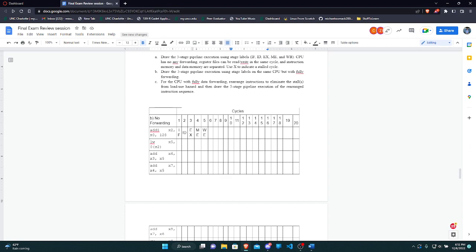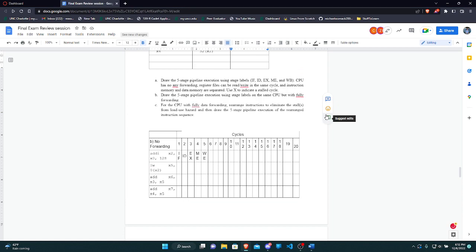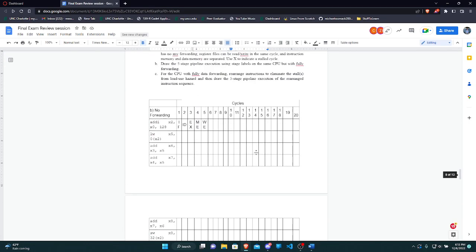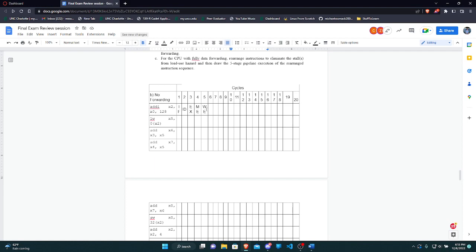So this looks kind of funky on here. So for part B, you are going to map it out using no forwarding. So there was a dependency between here and here, with x2 being that, so you have to have a cycle delay. Now, there's a load use right here, so you have another 2 cycle delay.